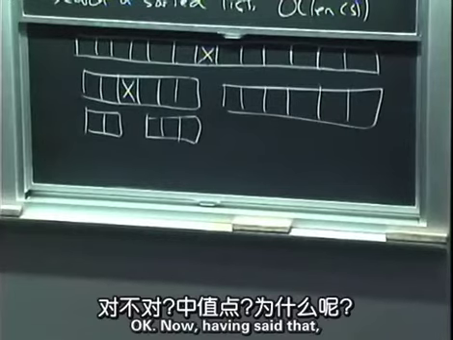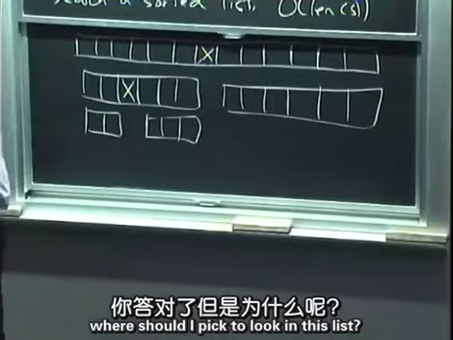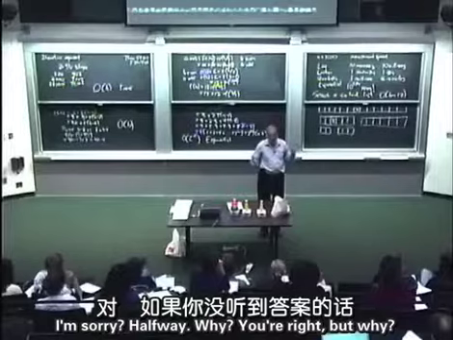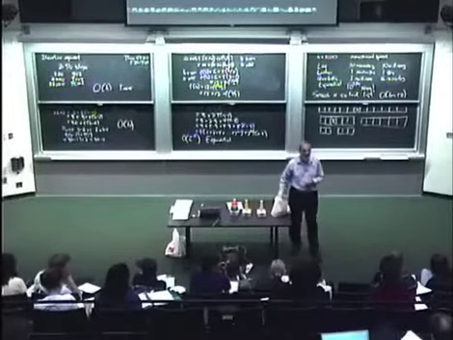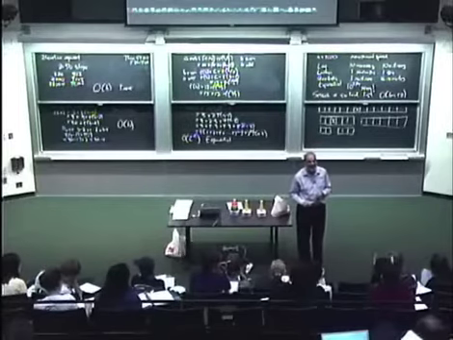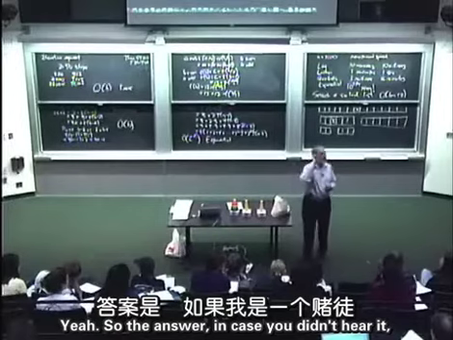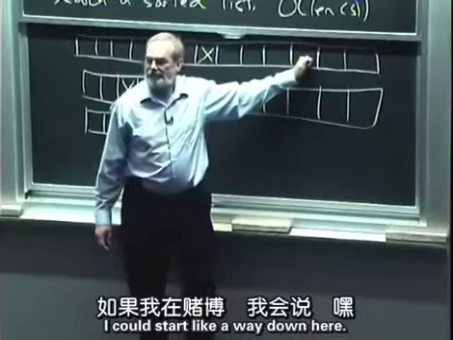Now, having said that, where should I pick to look in this list? Halfway. Why? You're right, but why? If I'm a gambling person, I could start way down here.